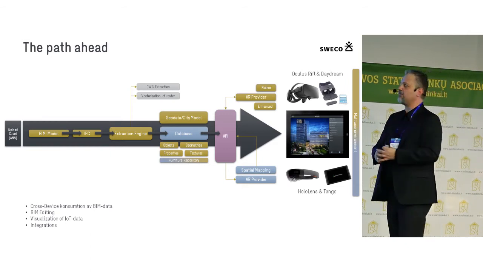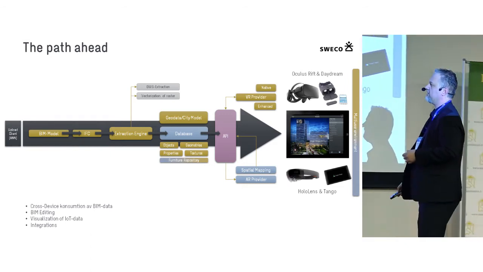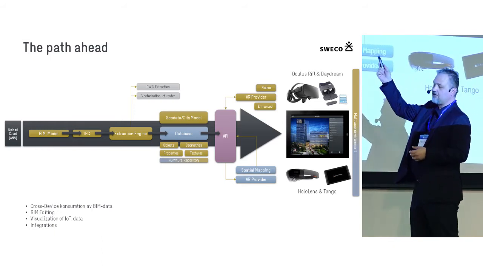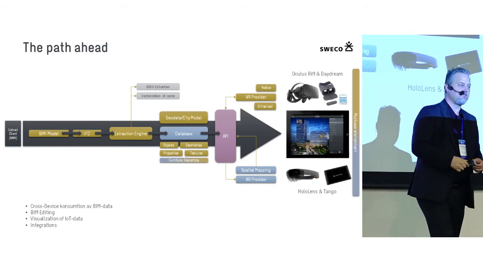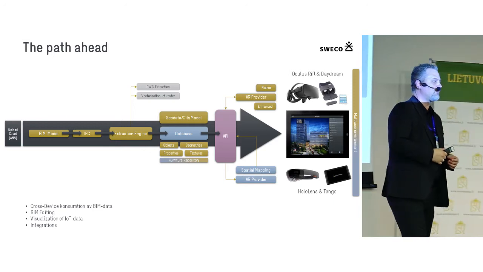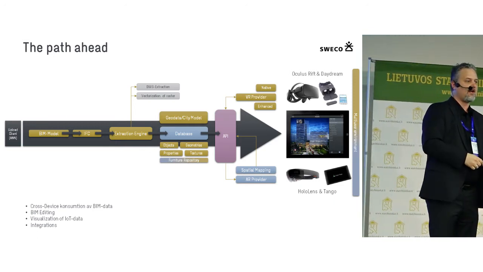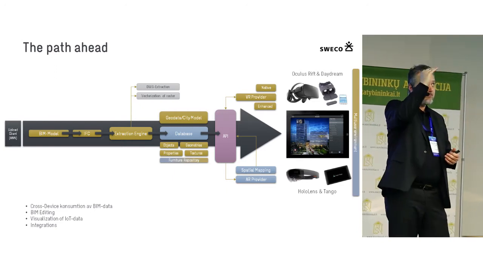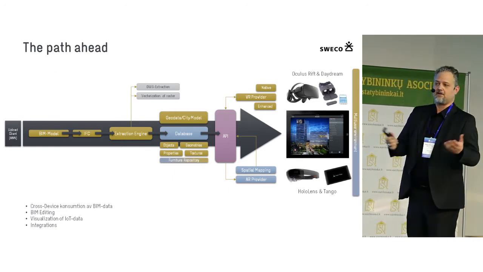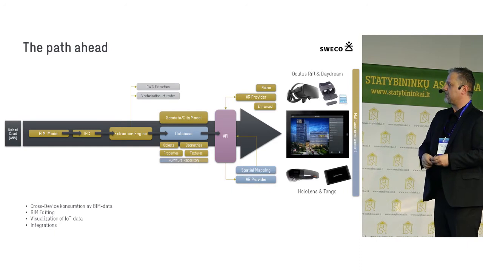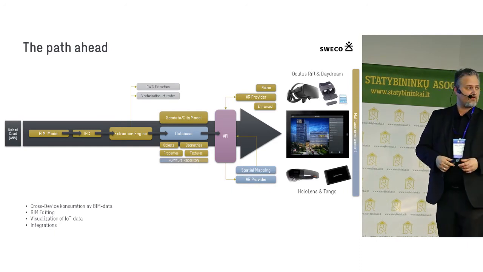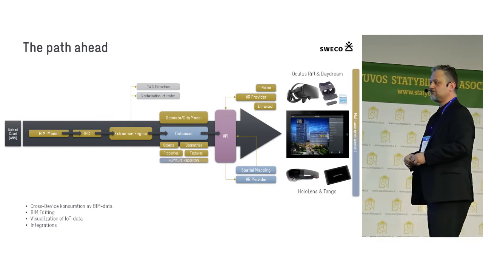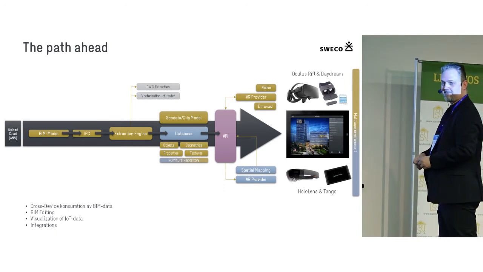And when we have the planes, we can compare those planes and geometries to the spaces in the BIM model. And when we have those, we can start drawing things and mix reality with digital objects. So we can start to see what's behind the wall. And we can get information about these objects, as long as the BIM model is correct, of course. But we have BIM managers, right?